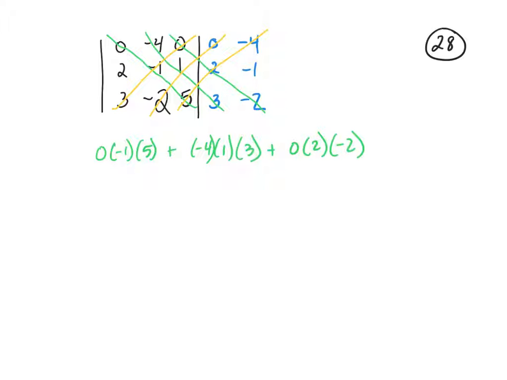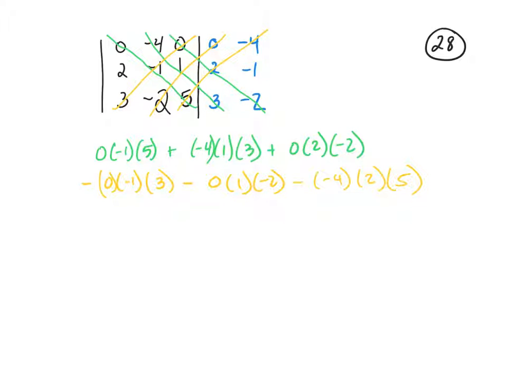Now the yellow one, it's going to be minus 0 times -1 times 3. That's that first yellow column. Minus 0 times 1 times -2. Minus, the last one is -4, 2, and 5.